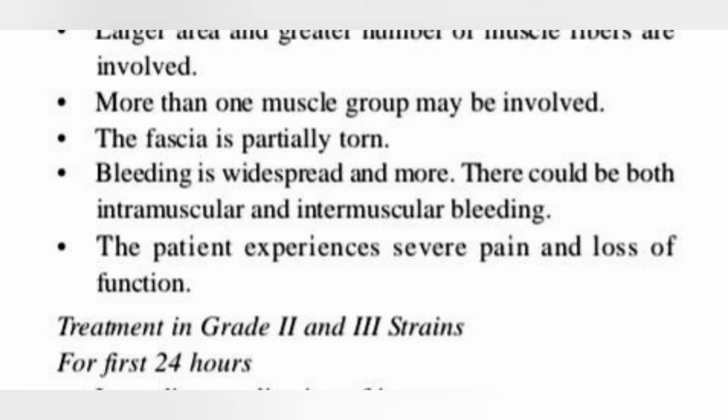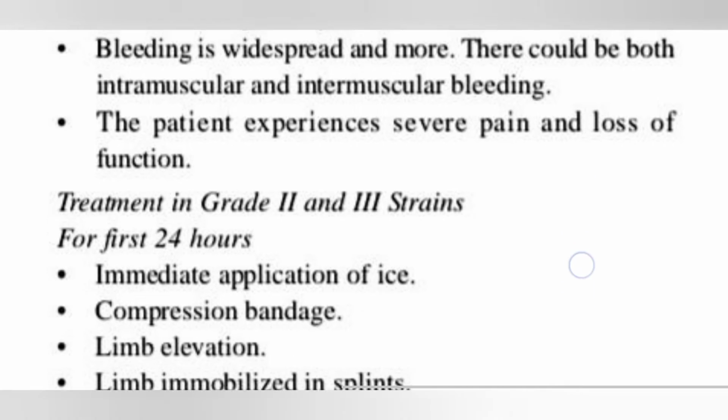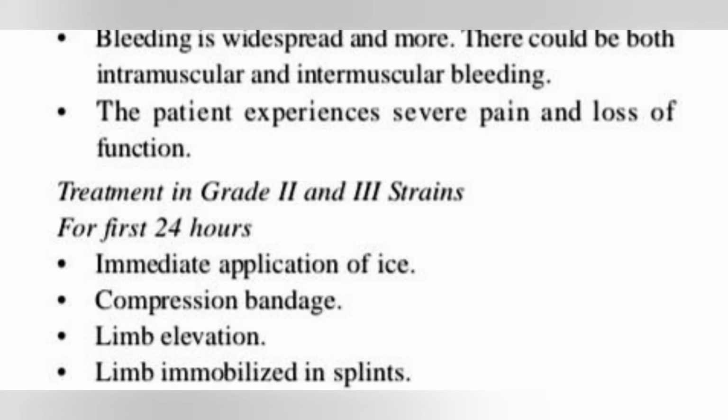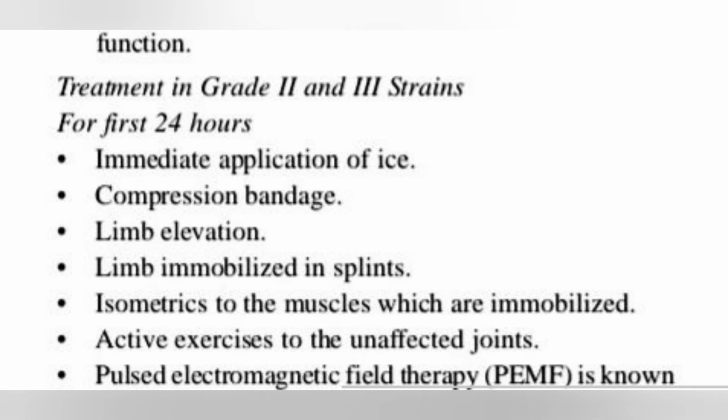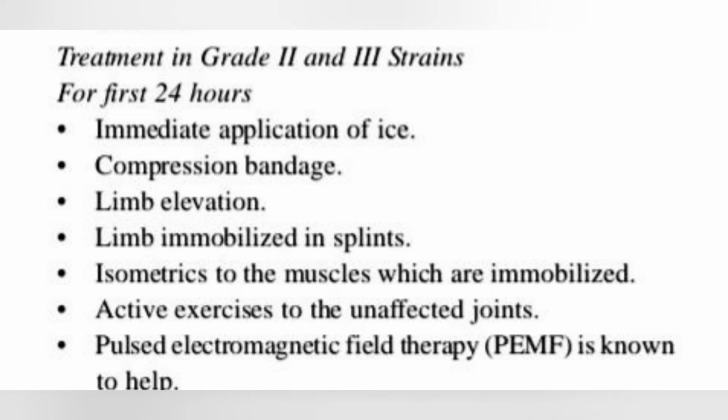What is the treatment of grade 2 and grade 3 strain? It is divided into different stages. In the first 24 hours, apply ice immediately. Number 2, compression bandages. Number 3, limb elevation. Number 4, limb immobilization in a splint. Number 5, isometrics to the muscles which are immobilized.